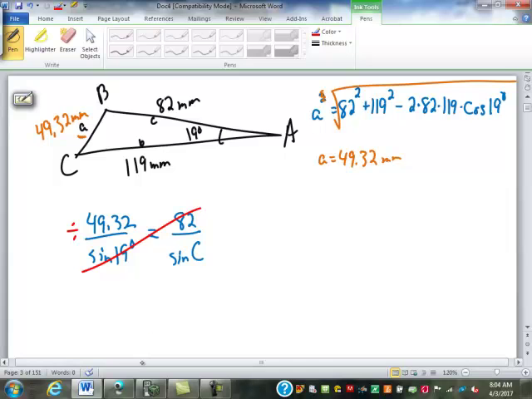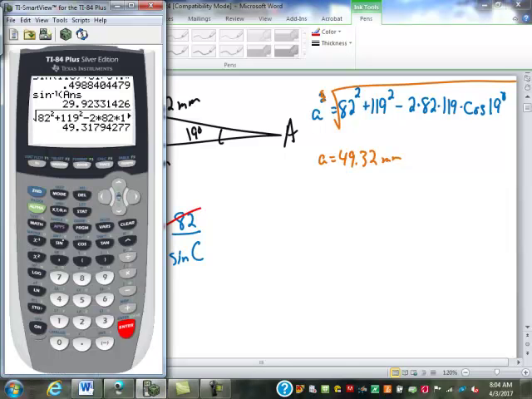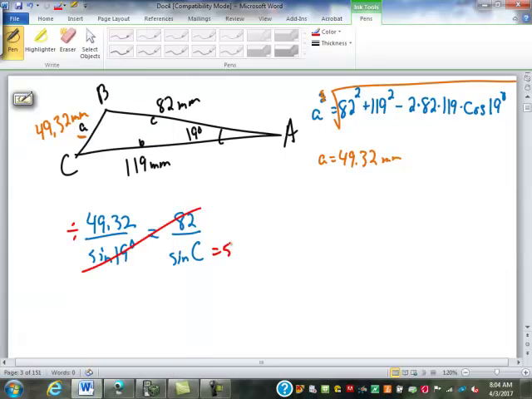So sine of 19 times 82 divided by the 49.32. So we get 54.13, or 0.5413 I should say, is the sine.